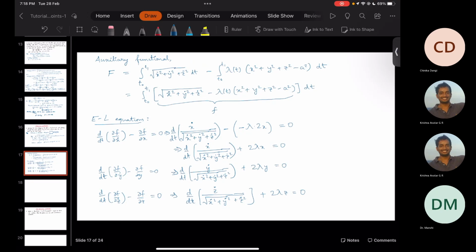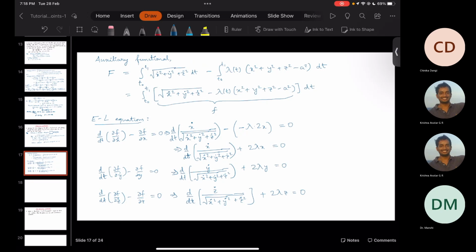Now when we look clearly at this expression, what we see here is we have three equations, and each of the equations is second order in the independent variable. And you'll ask how it's second order.